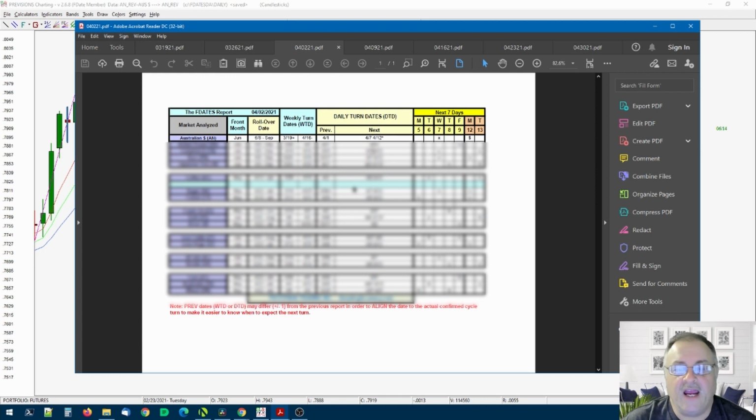And all that's saying is that 4-7, although being the turn date, there was a 4-6 indication as well. And so I could have marked it as 4-6 plus, 4-7 minus to kind of cover the two.